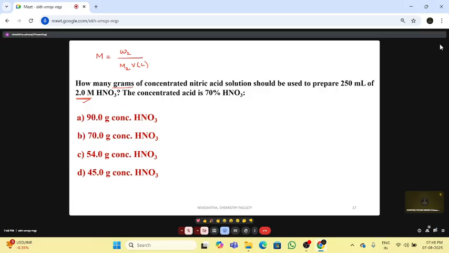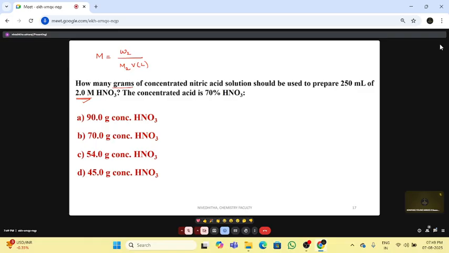Okay, but unfortunately here nitric acid is not in the powder form. Here in this problem, nitric acid itself is a solution. Now we are in a place to calculate how many grams of nitric acid solution required for this preparation. Okay, so before getting into the calculation of grams of nitric acid solution required, now please calculate what is W2.